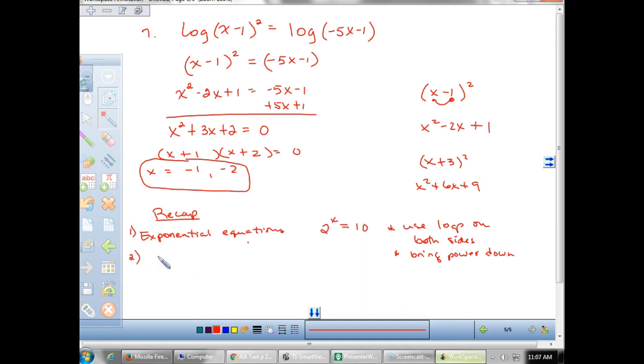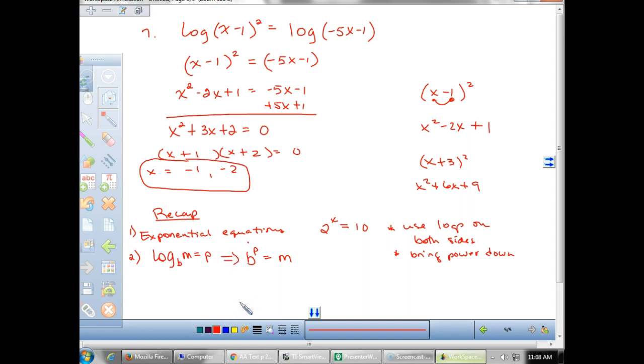The second thing is, if you have a log like this, we learned to rewrite it and then solve it from there. Okay, so that's just rewriting. So that's when you have a log on one side, but a number on the other side. You just rewrite.